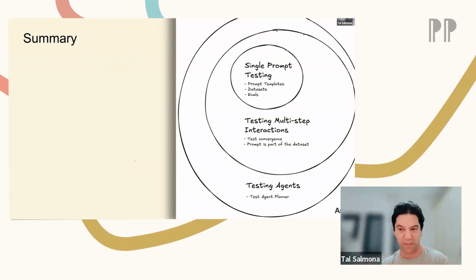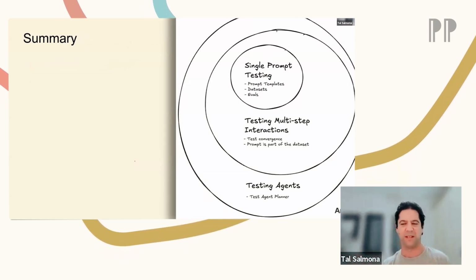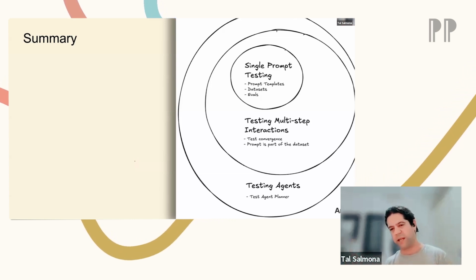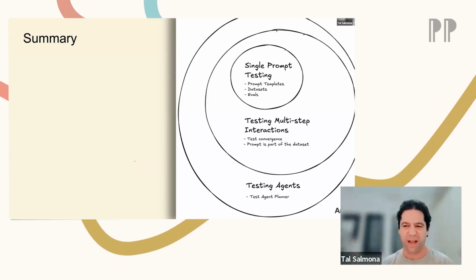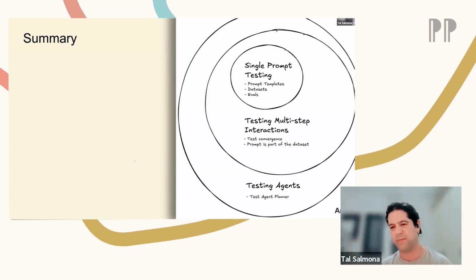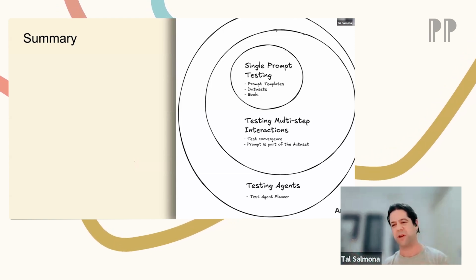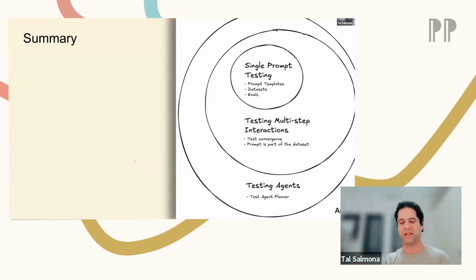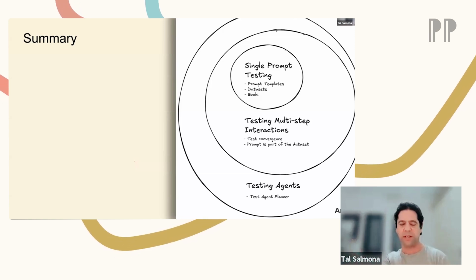We do need to build maybe a different data set, but it's still within the same building blocks that we have. And when we extend to testing agents, I think again we'll be able to use the same tools that we already know.